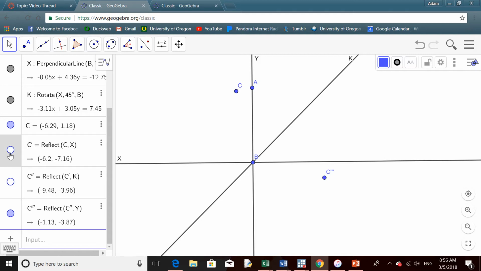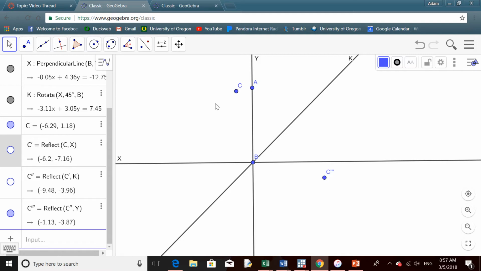Now, intuitively, we can look at this and say it looks an awful lot like C is just being reflected across the line K to be equal to C triple prime. This is in fact the case, but we're going to show that in a more rigorous way other than just saying that K is the perpendicular bisector of the line C and C triple prime.